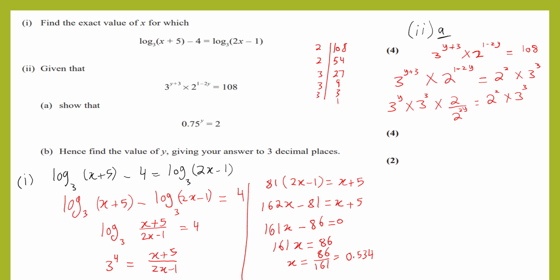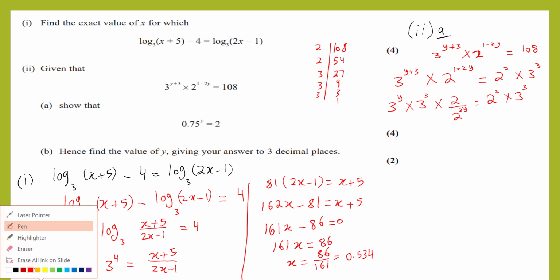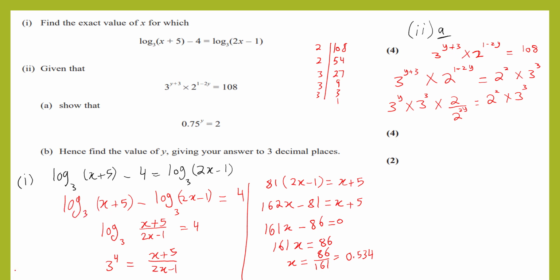So you will try to cross out what's similar. 3 to the power of 3 and 3 to the power of 3 will be crossed out, so you have now 3 to the power of y. Now you can cross out one of the 2's here. So it's now 3 to the power of y over 2 to the power of 2y is equal to 2.